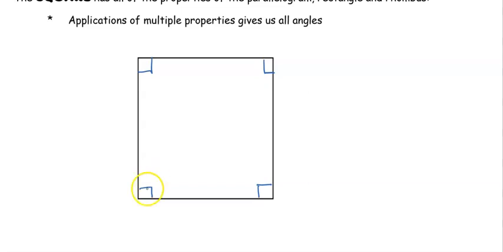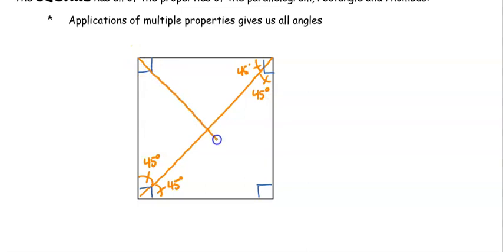And then from the rhombus, I learn that the diagonals are going to bisect those angles. In the rhombus, we don't know what the angle was that we originally bisected for all rhombus, but in a square, we know that it's always going to be a corner right angle. So I know that when I bisect that corner right angle, these are always going to be 45-degree marks.